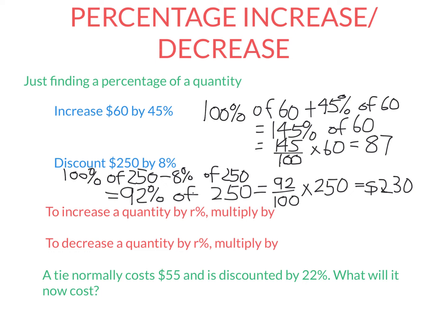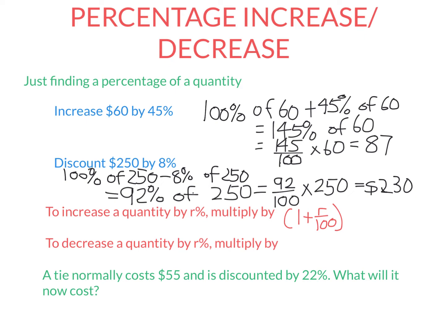If you want to increase a quantity by R%, you can multiply by 1, which is 100%, plus R over 100. So what we're doing when we increase by R%, we're just adding that percent to 100% and multiplying by that number. Of course, remember to go from a percent to a fraction, you divide by 100.